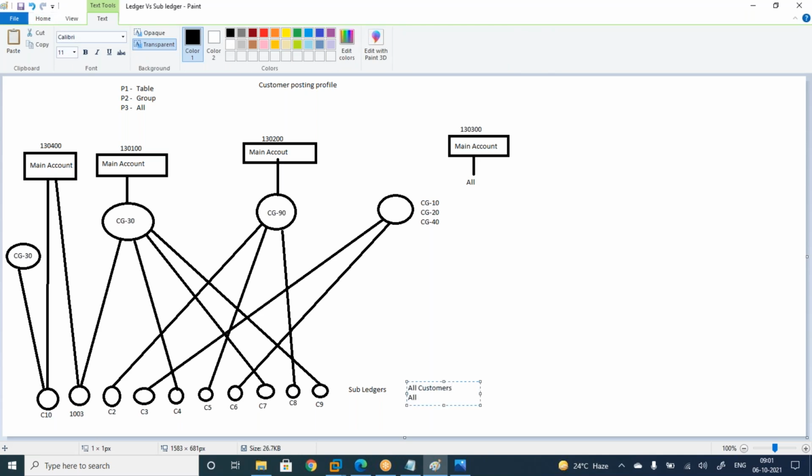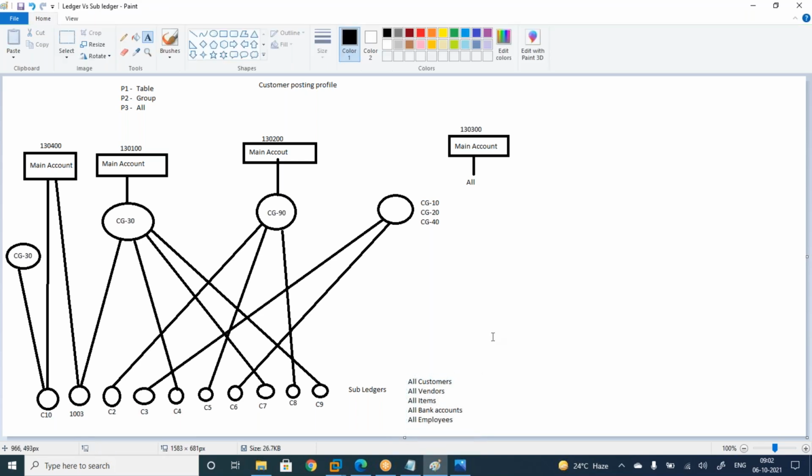All vendors are sub-ledgers. All items are sub-ledgers. All bank accounts are sub-ledgers. All employees are sub-ledgers. All masters are sub-ledgers, but you cannot treat the chart of accounts like that, because chart of accounts is a master. Okay, got it.